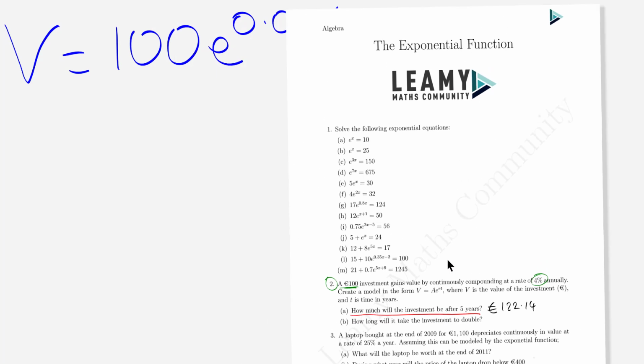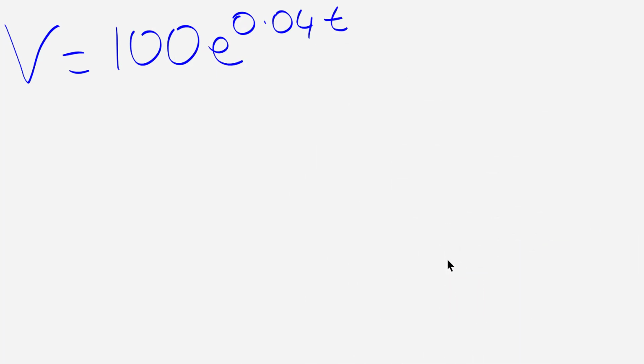So once again, we go back to our function, V = 100e^0.04t, and the question this time was, how long will it take the investment to double? So we're trying to solve for t. We know that the value must be 200 euros when it has doubled, and we're wondering what t will be when the value is 200 euros.